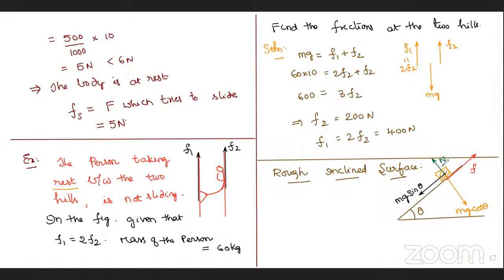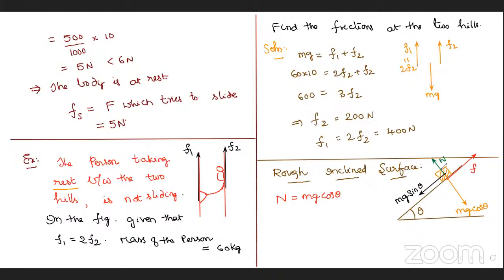Whether the body slides or not, N is equal to mg cos theta. Why? Because along the y-axis direction, there is no motion.